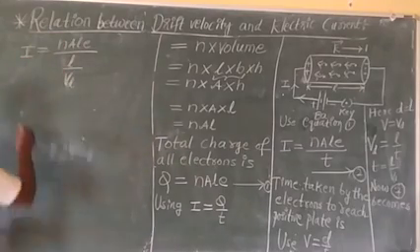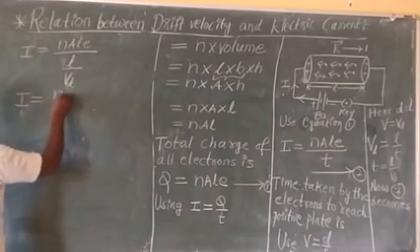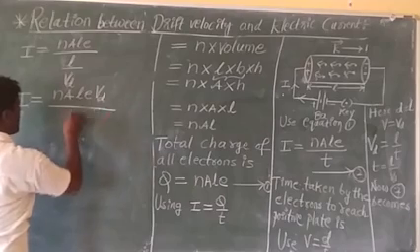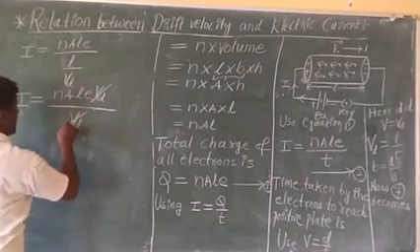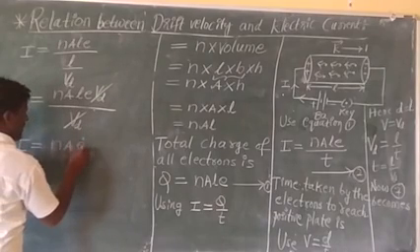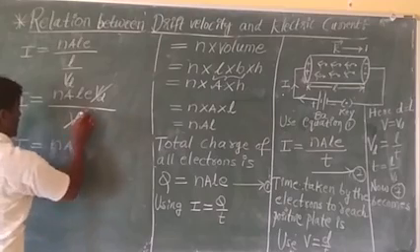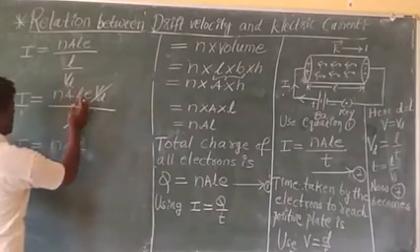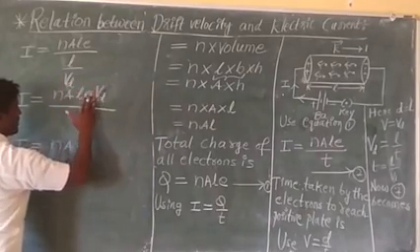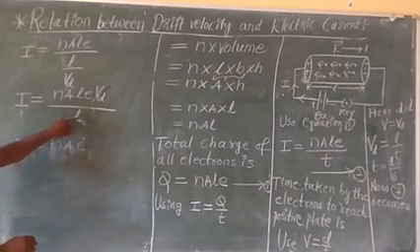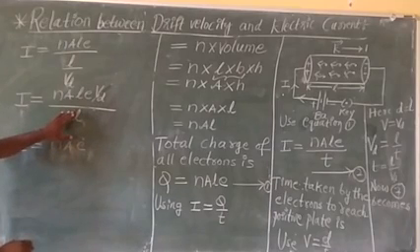Vd comes to the numerator, so I equals NAL e Vd divided by L. I wrote it wrongly earlier; it is L, not Vd.